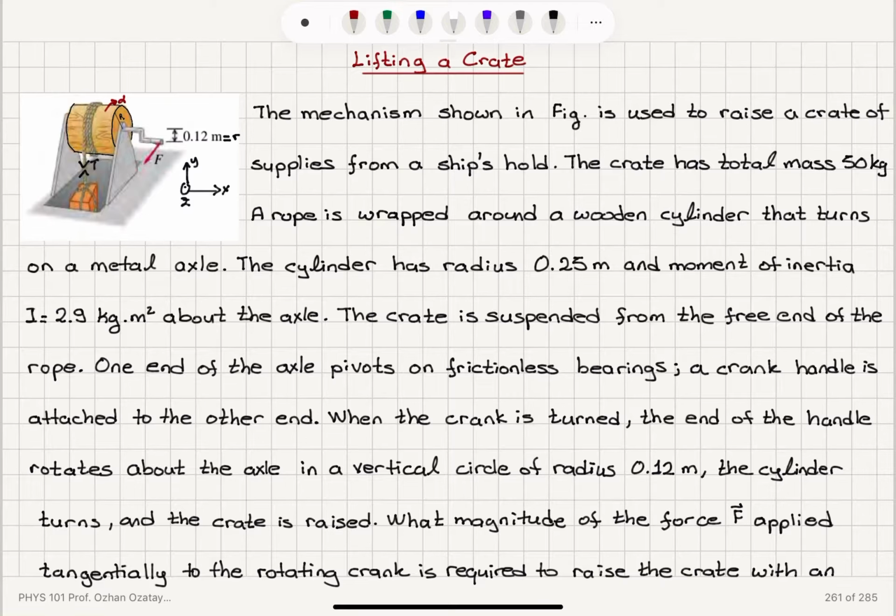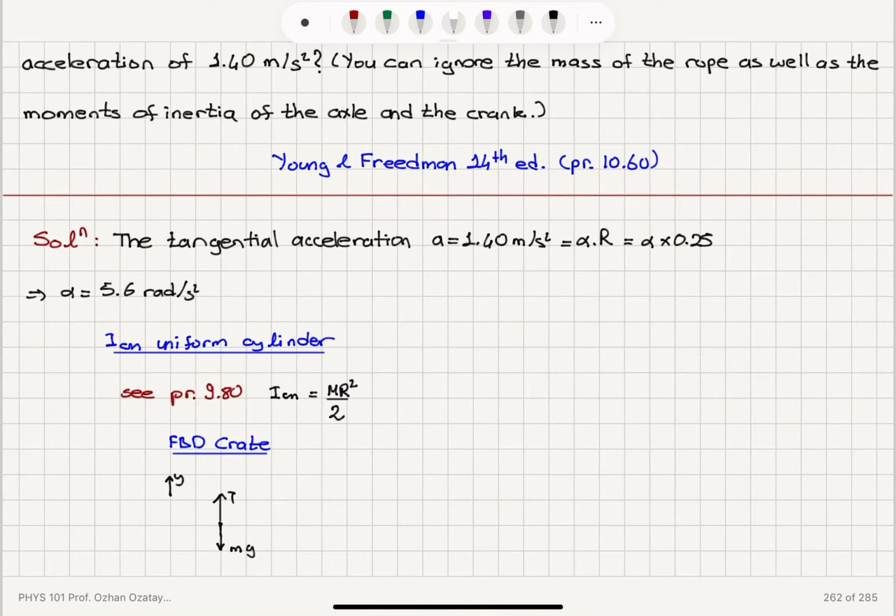Okay, and the moment of inertia of a uniform cylinder was considered in problem 9.8. It's mr squared over 2 here, and the numerical value is given in the problem: 2.9 kilograms meters squared. That's the moment of inertia for rotations about the central axis. The net torque on the cylinder is equal to moment of inertia times alpha.